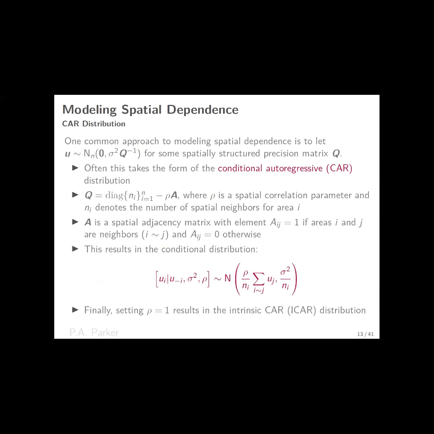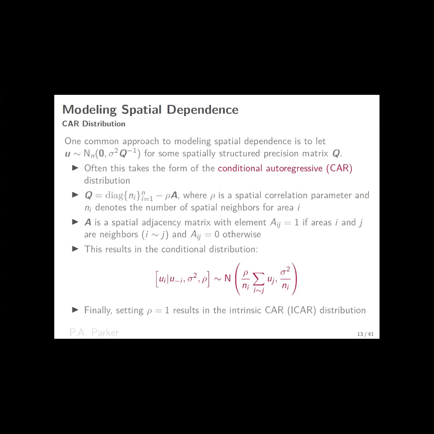So first, talking about spatial dependence. As an alternative to that IID normal assumption, we could make our random effects have some spatial structure, right? So we could say instead, mu is going to follow a multivariate normal distribution with this sigma squared times Q inverse as our covariance matrix, where now Q is just some spatially structured precision matrix. So very often, this matrix Q will take the form of a conditional autoregressive or CAR model.